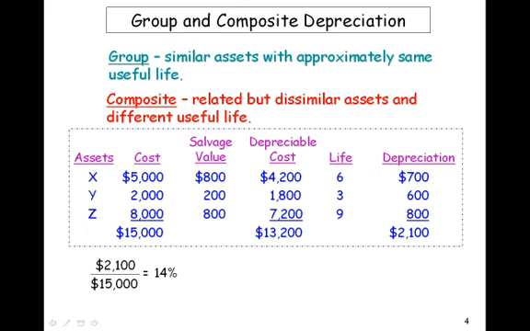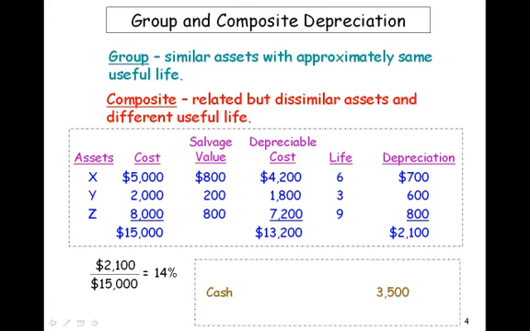For example, if next year the total cost of assets in this pool is $20,000, we would multiply it by 14% and record depreciation expense of $2,800. The only time this rate needs to be changed is if something has been added that would create a material change in depreciation. What happens when an asset is sold?